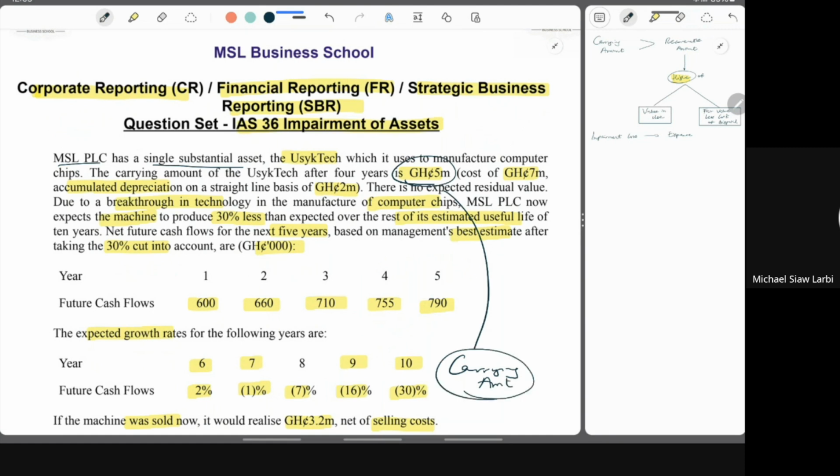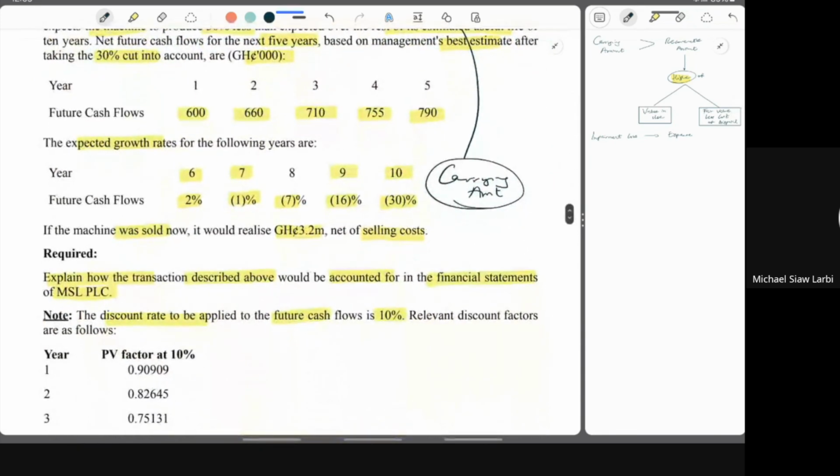Okay. So looking at our requirement, we want to talk about how this will be accounted for. Are we good? All right. So given the fact that we have the carrying amount of 5 million, what is the fair value less cost of disposal or less cost to sell? That is also given to us here at 3.2 million. So let's indicate this here.